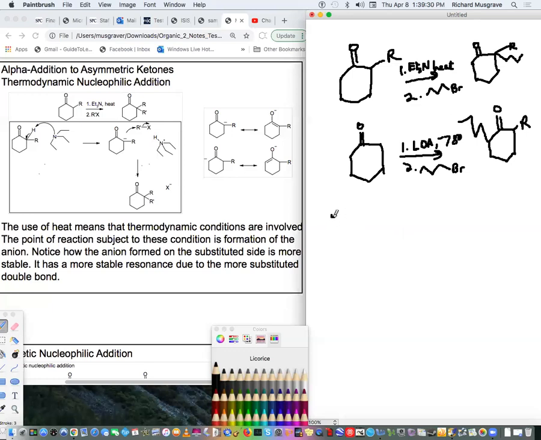Now I'm just going to limit this discussion here to the formation of the first negatively charged species. So it's going to be a similar explanation to what I had showed you earlier.